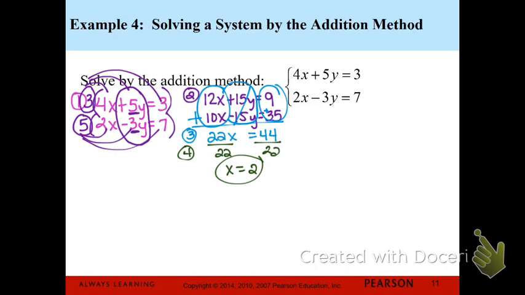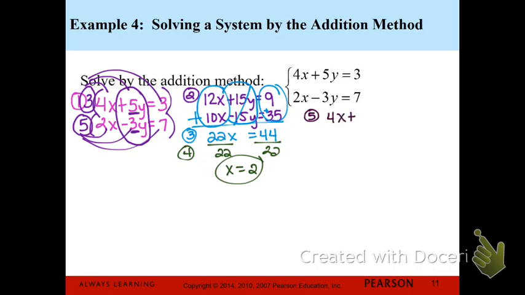All right, step 5. What does step 5 say to do? Find the value for the other variable. Good. Plug that into one of the equations. Does it matter which one? So which equation do we want to use? Top or the bottom? Top.